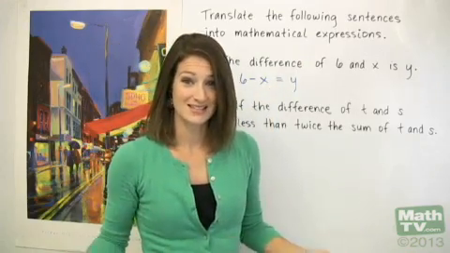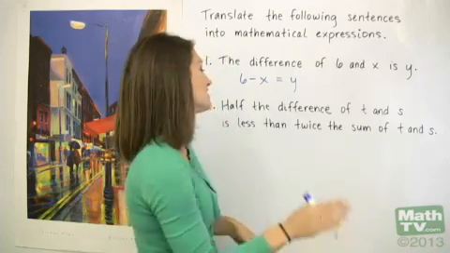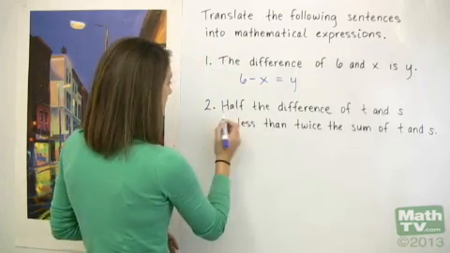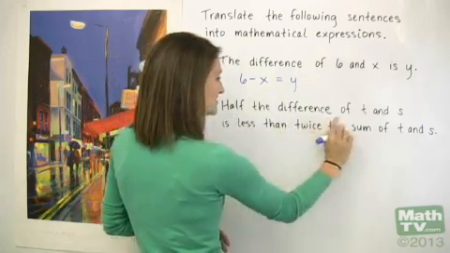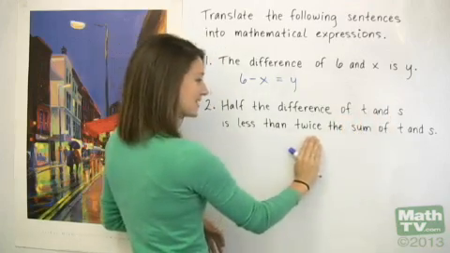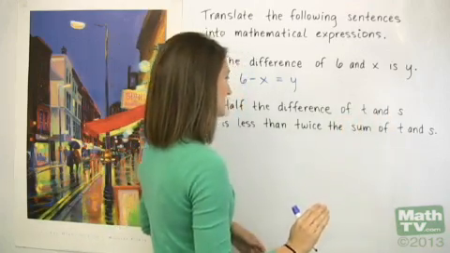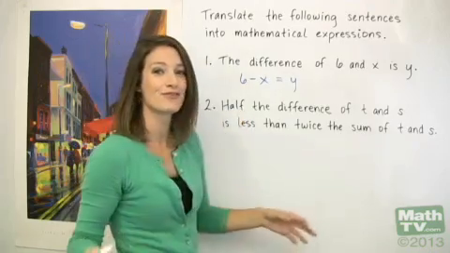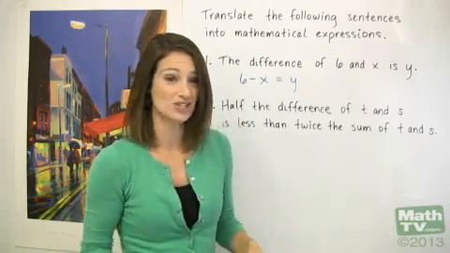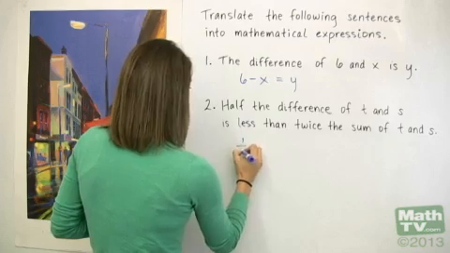Let's move on to our second sentence. It's a little more complicated and has a few more components to it. So we have half the difference of t and s is less than twice the sum of t and s. Looking at this first word, half, we're going to translate that into a fraction and write 1 over 2.